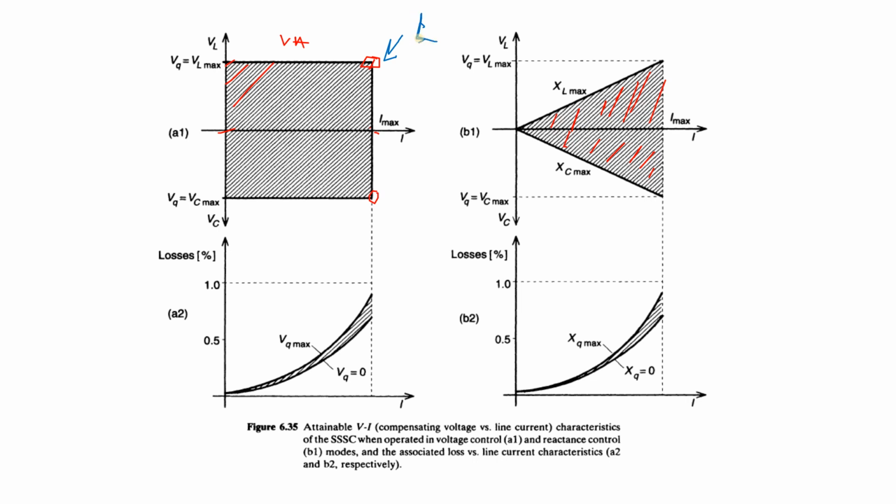For the inductive mode, the maximum VA rating is 1 per unit, and for the capacitive mode, this is also 1 per unit.